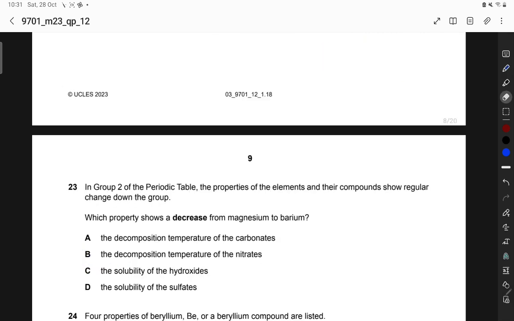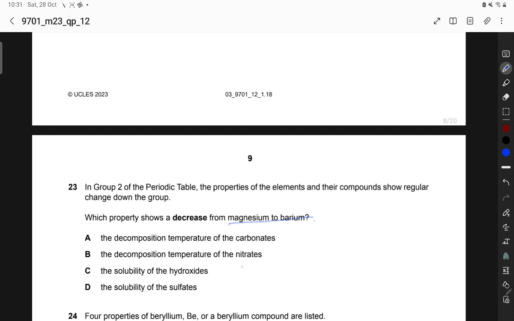In group 2 of the periodic table, the properties of the elements and their compounds show regular change down the group. Which property shows a decrease from magnesium to barium? The decomposition temperature of the carbonate. This is not decreased, this is increased because down the group compounds are more stable, with more lattice energy. So decomposition of carbonates requires more temperature down the group.